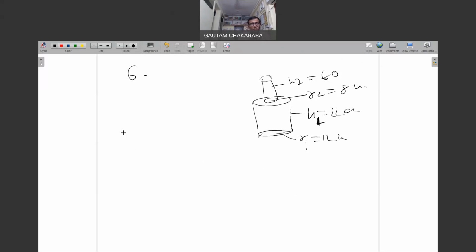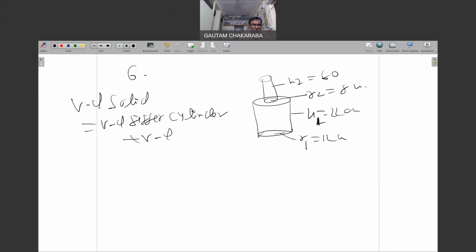So this is very simple. Volume of solid, volume of bigger cylinder plus volume of smaller cylinder.